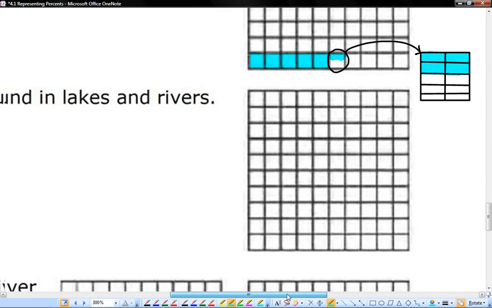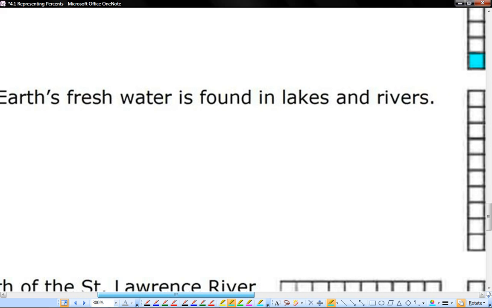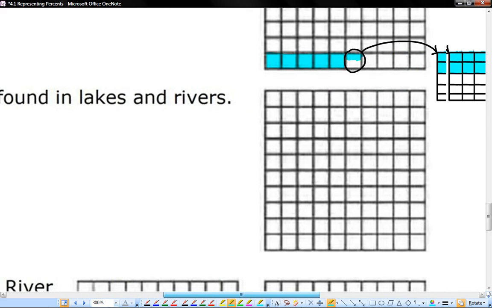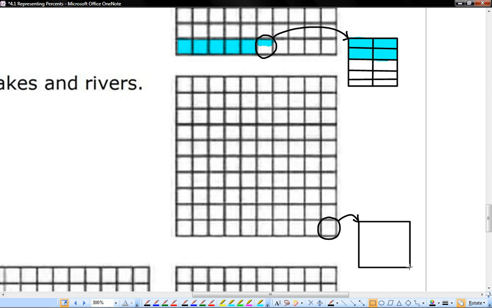The next one, we'd like to do 0.3% of Earth's fresh water is found in lakes and rivers. So 0.3 is going to be less than 1%. So I'm just going to circle this square and draw it enlarged here. And again, I'm going to break this up into 10 roughly equal parts. And in order to do 0.3, that would be 3/10.